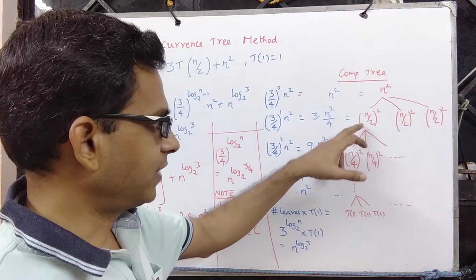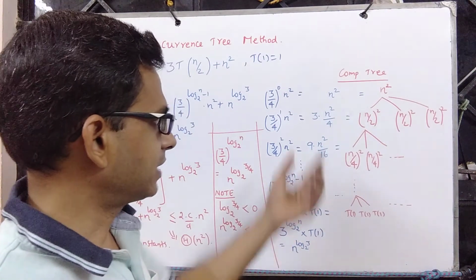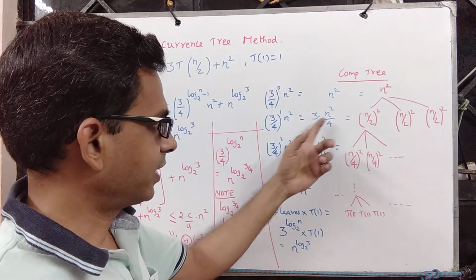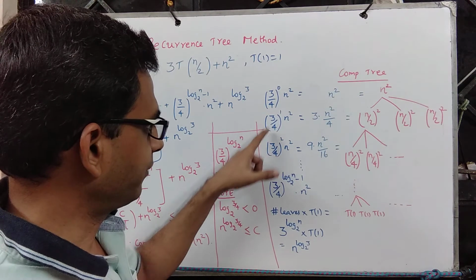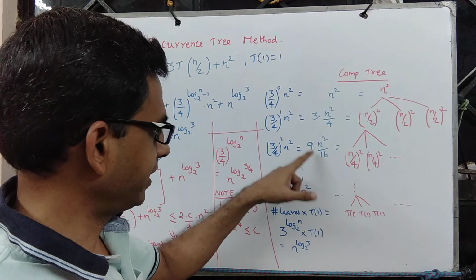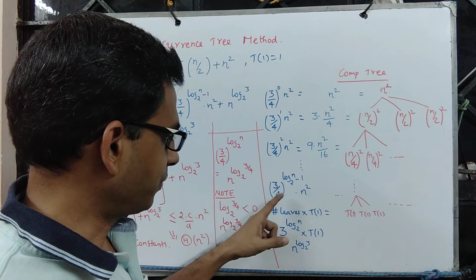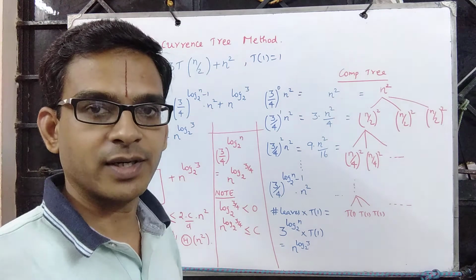At the next level, we get n by 2 the whole square and so on. Then we start simplifying. At this level it is n square, then 3 times n square by 4 and so on. So this can be rewritten as 3 by 4 to the power 1, this as (3/4) square and so on. Then at the last but one level, it is (3/4) to the power log n base 2 minus 1 times n square.